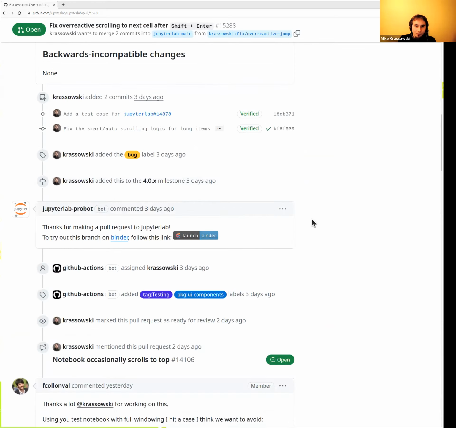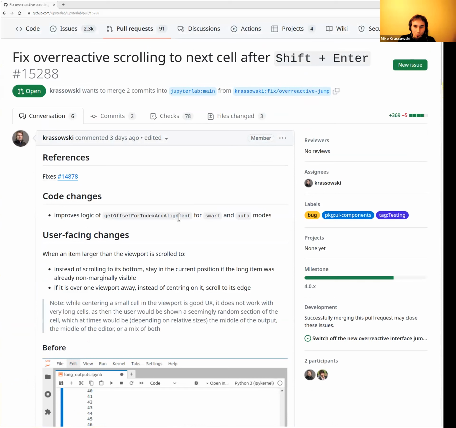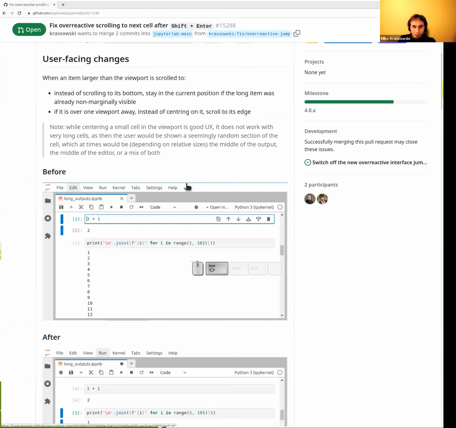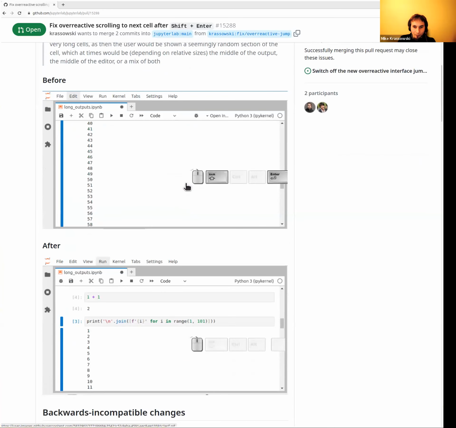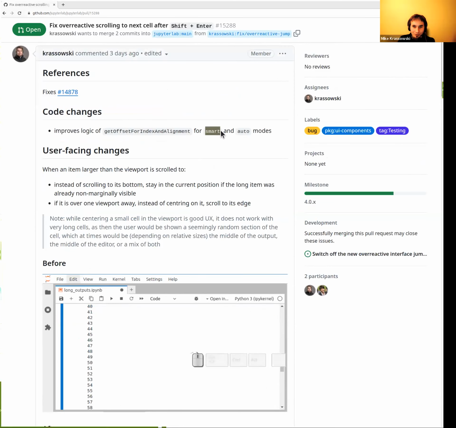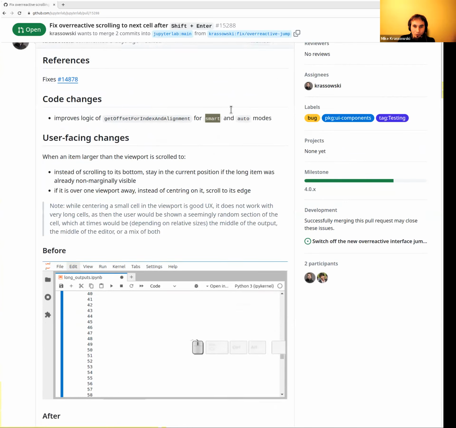And the code base that is responsible for determining how a given cell should be aligned is actually shared between all these three cases: navigation, table of contents, and alignment after execution of a cell. But it has quite a few arguments. One of those is smart, auto, and a lot of different modes.